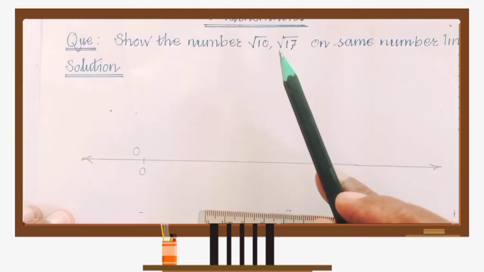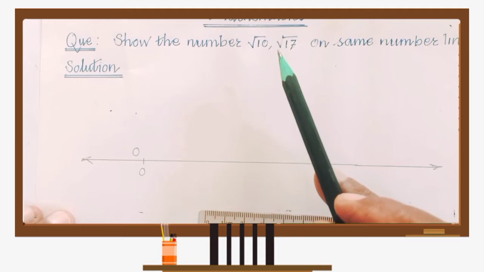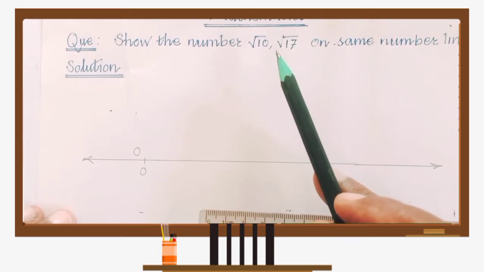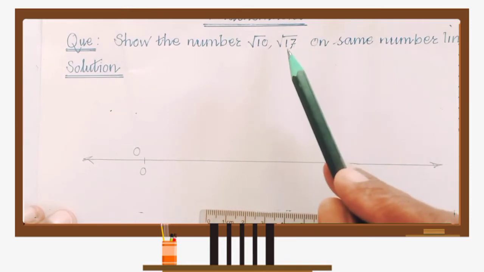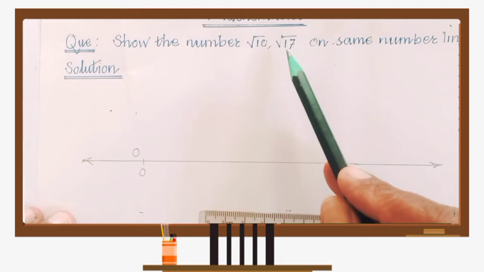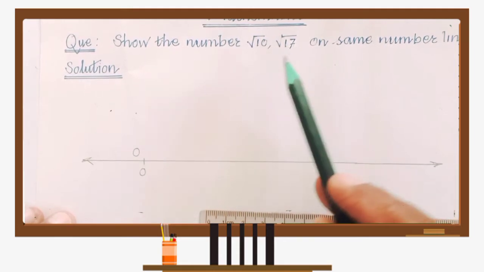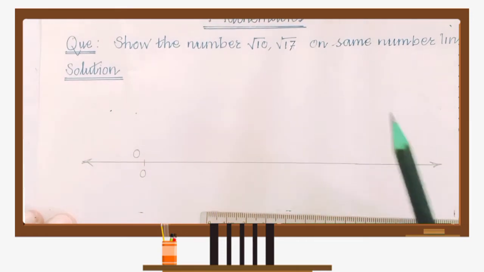Which is the perfect square, that is 9. 9 is a perfect square. Square of 3 is 9 and square of 4 is 16, means 17 के पहले 16 है, which is the perfect square. So we have to draw 3 and 4 units.